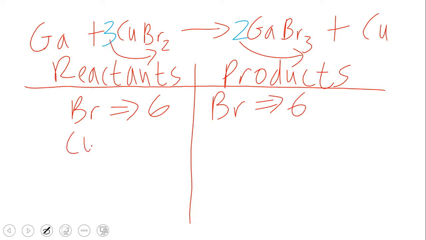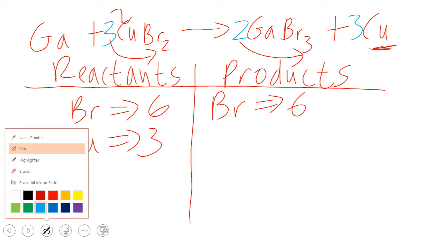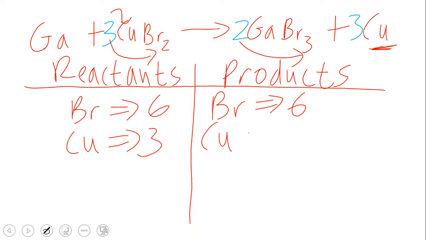What about our copper? Our copper here on the reactant side is 3, but here on the product side it's 1. So we need to insert a 3 here. So it's going to be Cu, which is 3. And finally, for Ga, it's 2 on this side. For Ga here, it's only 1, so we need to place a 2 here.